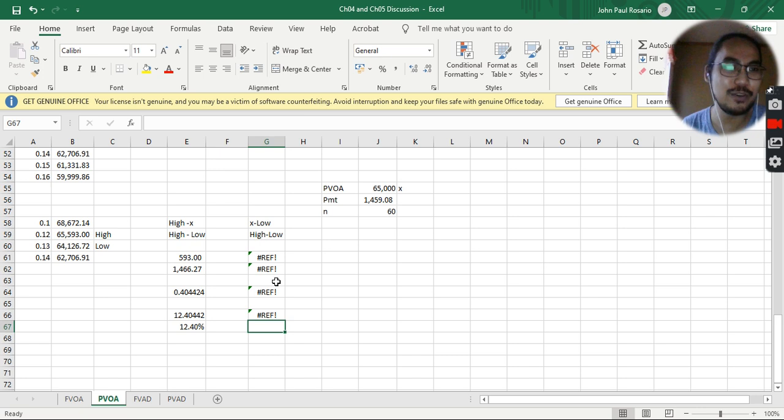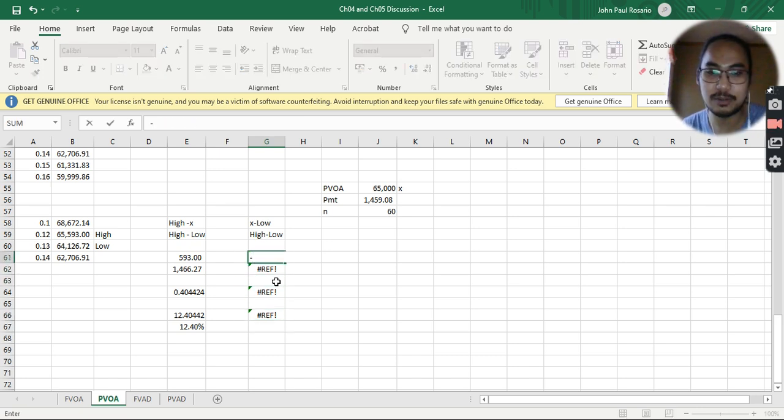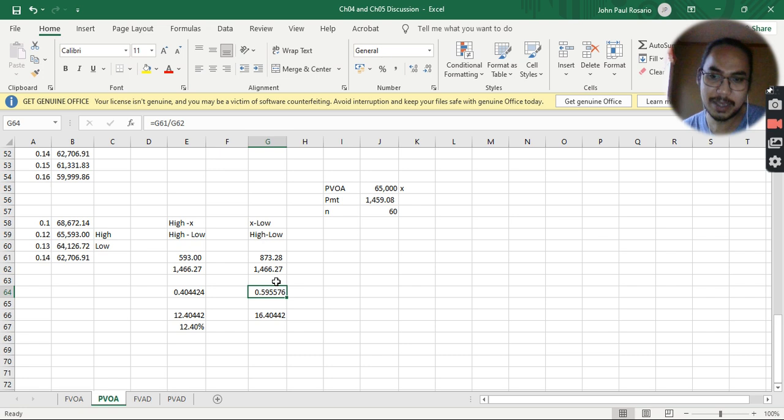On the other hand, if we use the other route, X minus low, this should give us X minus low over high minus low. Same here.